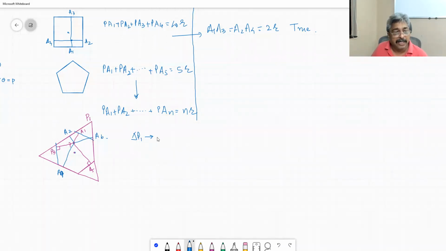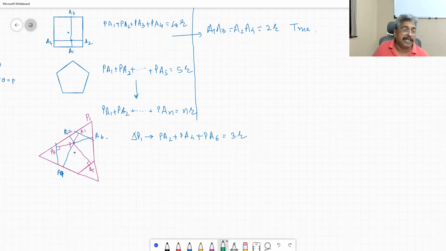So when I consider this triangle, it gives me the original equilateral triangle result, that is PA2 plus PA4 plus PA6 is equal to 3R. And when I make these other triangles instead, I will get a congruent equilateral triangle.